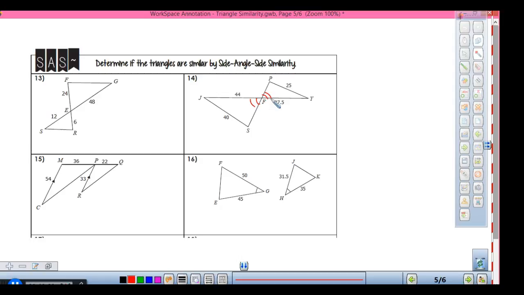Is your angle in between your two sides? Because I have these two sides. Is my angle in between those two sides? No. Okay, so I have to say not similar. My angle has to be in between my two sides.